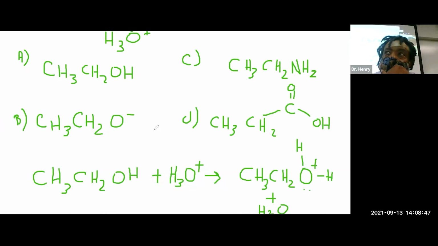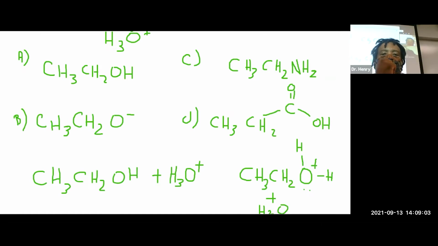The arrows, yeah, it should matter. Yes, although I did it wrong, let me fix that. So we know that it's in equilibrium.